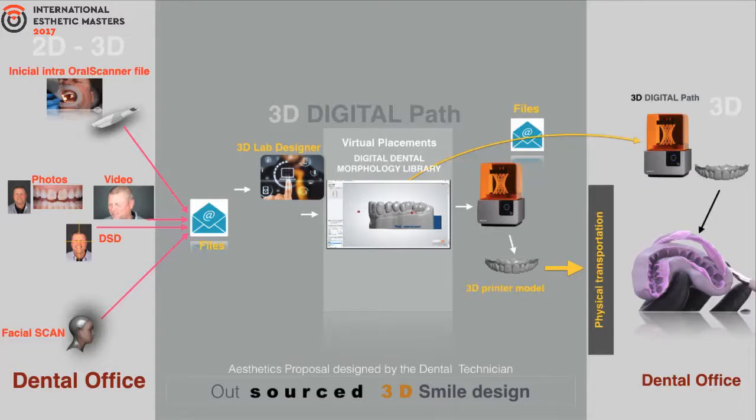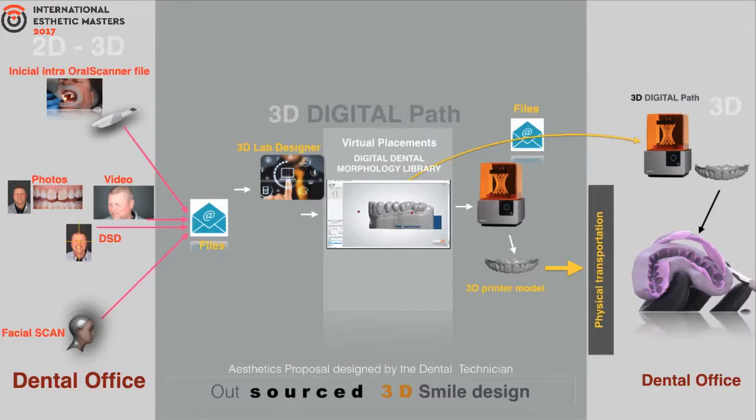It is at this moment that the tech will be able to check the facial reference line and the patient's curvature and emergence profile to adjust the restorations' position and create the final virtual smile design.